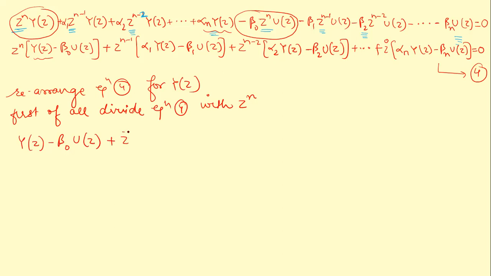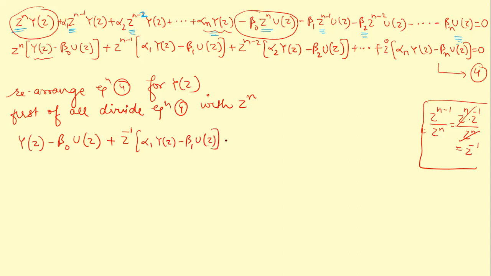Then plus z raised to the power minus 1, because here if you see, z raised to the power n minus 1 by z raised to the power n, so we have z raised to the power n into z raised to the power minus 1 divided by z raised to the power n. So this is cancelled out, and we have z raised to the power minus 1, right? So we have this alpha 1 yz minus beta 1 uz, right? Then we have plus z raised to the power minus 2, we have alpha 2 yz minus beta 2 uz.